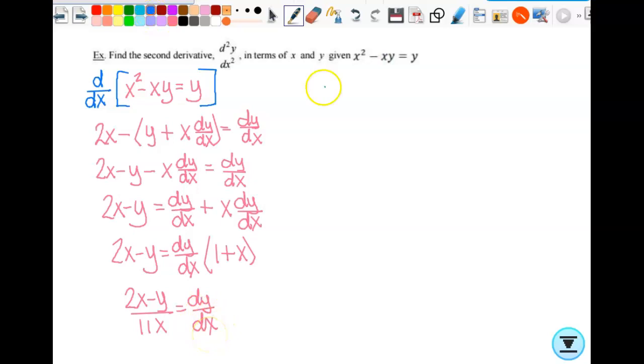Yes, you have to find the second one. Not on the outside, because you're taking the derivative of the derivative. After you, the next step is the next step. Yes, that's why I want you to write that out there so it makes sense.